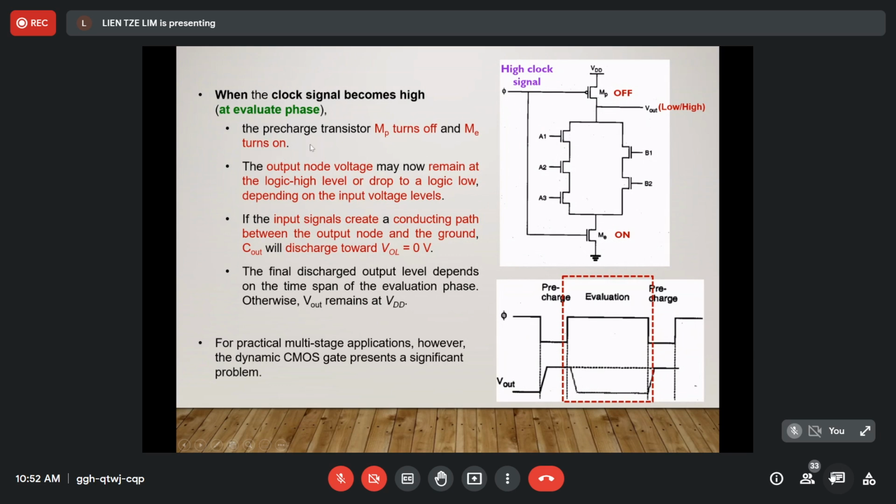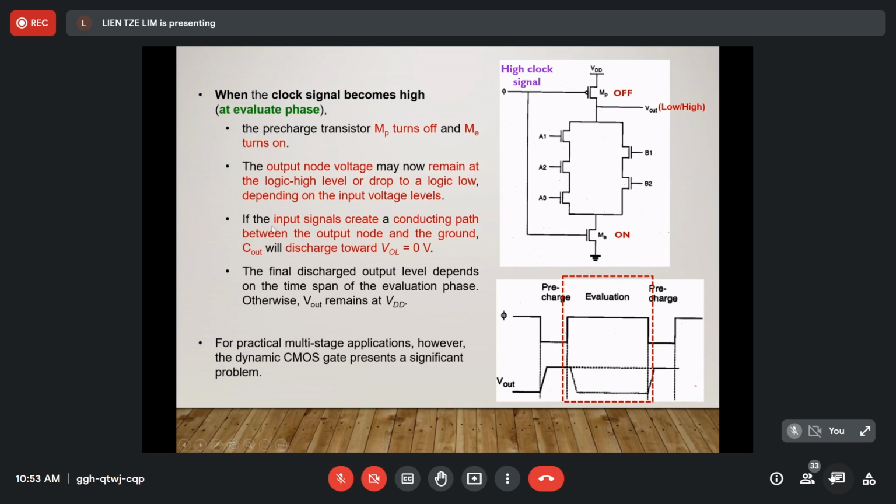So I refer back to the statements here. The pre-charge transistor, this is PMOS, turns off and the NMOS turns on. The output node's voltage may now remain at the logic high level or drop to a logic low, depending on the input voltage level.